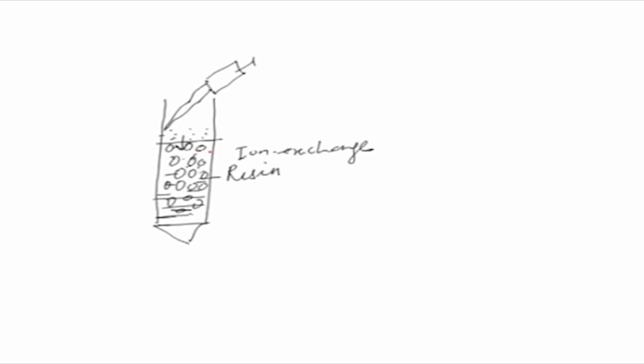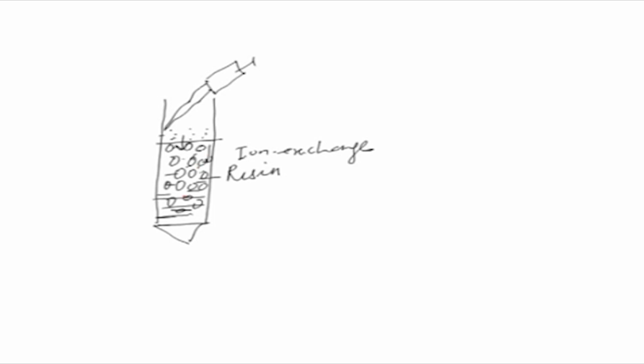So, if resin is positively charged, negative charge biomolecule will bind to it and slowly saturate it, and as these beads which are in the starting get saturated, the biomolecule will move in and bind to others. So, it depends on the capacity of this stationary phase, as to how many ionic groups it has.